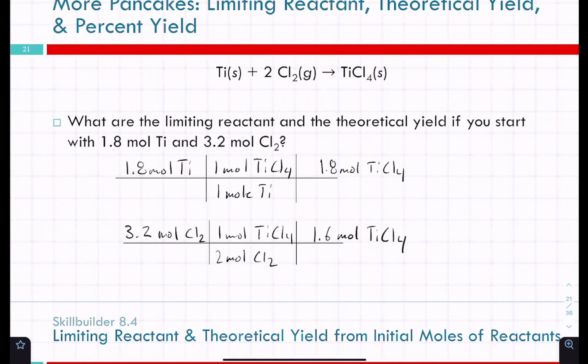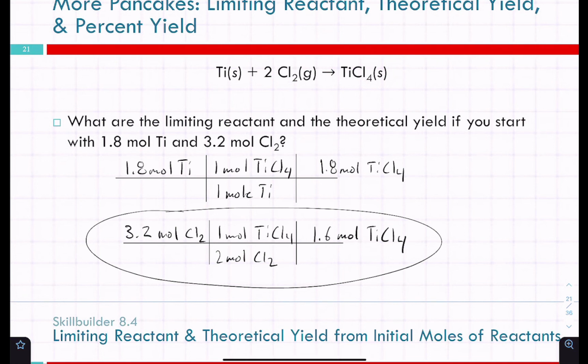So even though the number of moles that we started out with of titanium was less, because of the ratios and the stoichiometry, we actually make less titanium chloride with the 3.2 moles of chlorine. So chlorine is our limiting reactant.